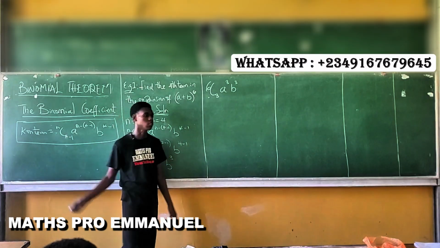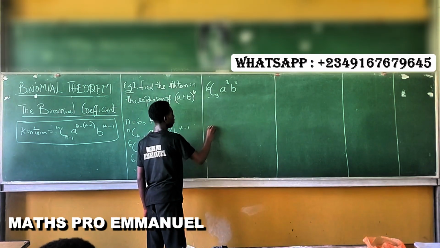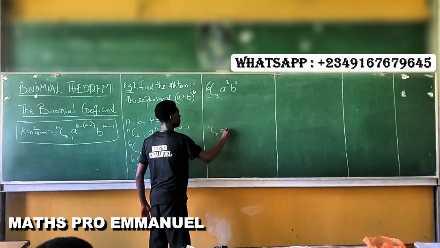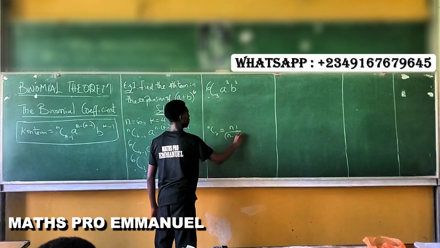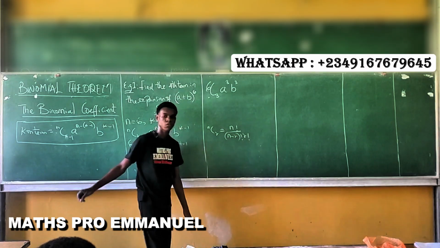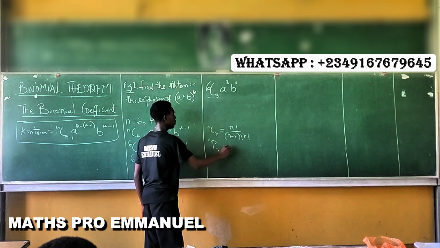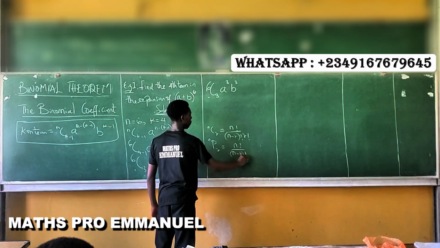If for example I have n combination r, the formula for combination is n factorial all over (n minus r) factorial times r factorial. In permutation, if I have n permutation r, the formula is n factorial all over (n minus r) factorial.